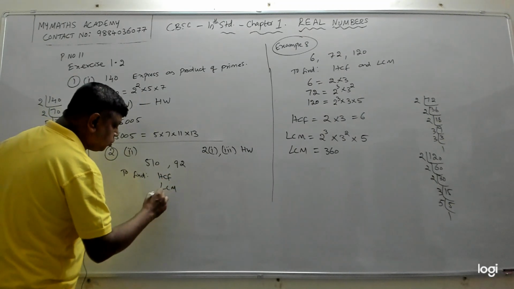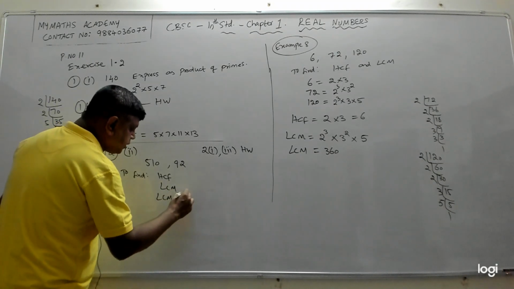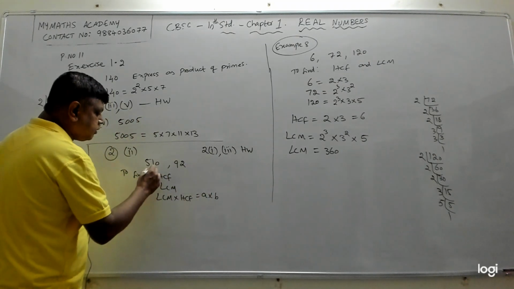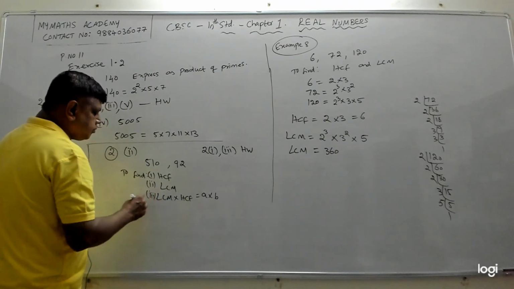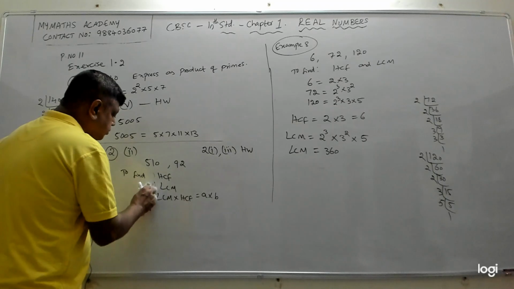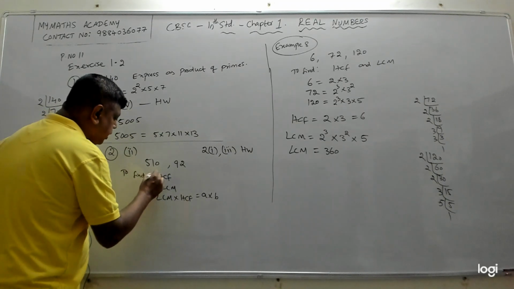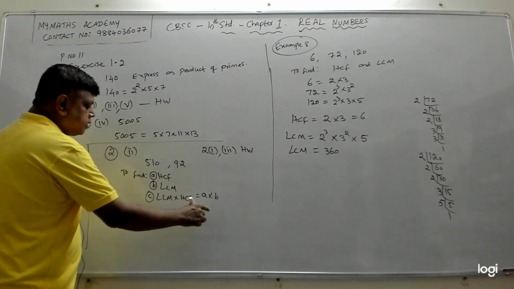And then we should prove LCM into HCF equal to A into B. So three things we have to do: first is this, second is this, third is this. Or I will put A, B, C. We have to prove these three parts.